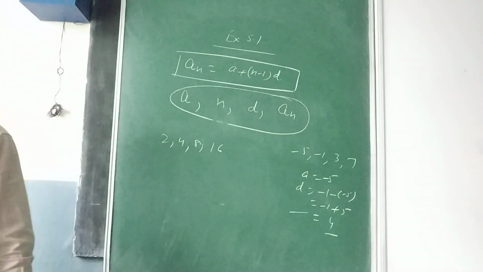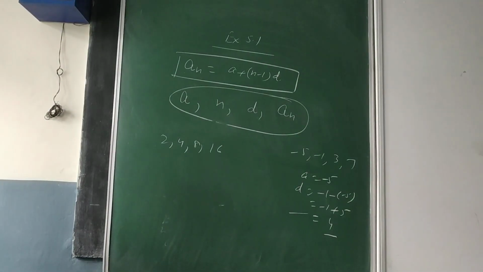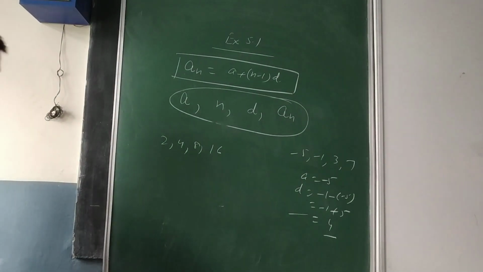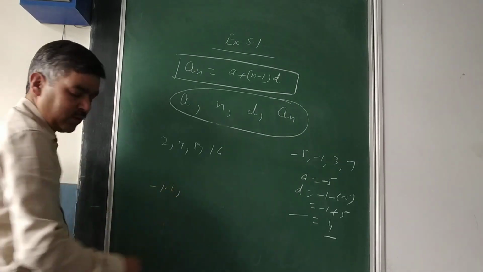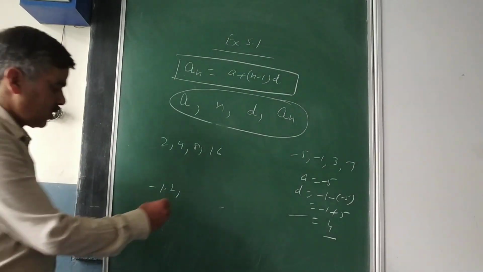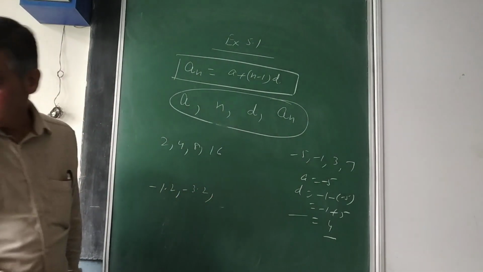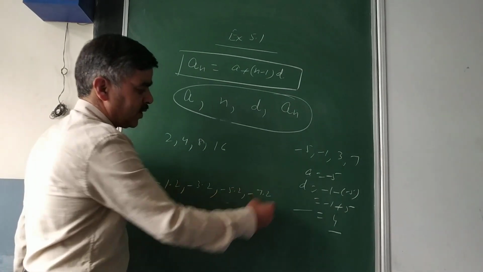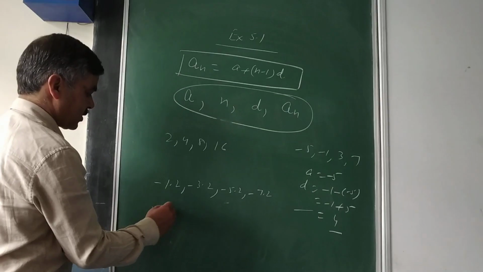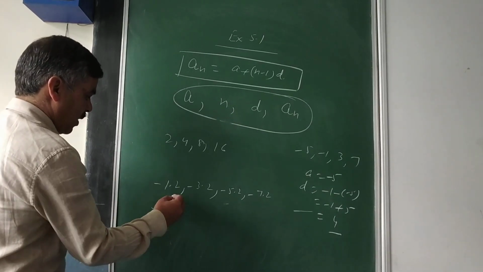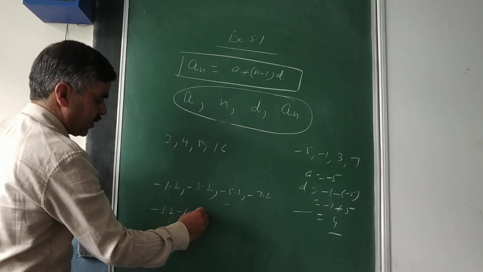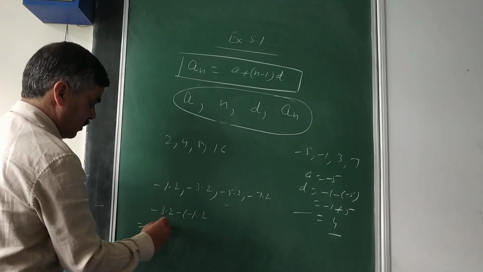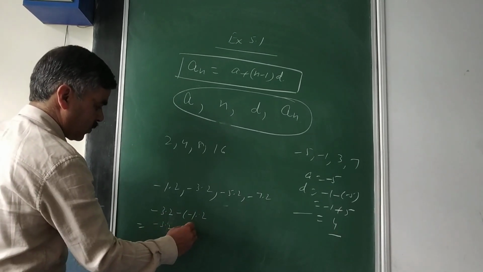Leave it there only. Now suppose you are talking about the third part: it is minus 1.2 first, second is minus 3.2, then third is minus 5.2, it is given as minus 7.2, and so on. So second minus first: minus 3.2 minus 1.2, and check the result: minus 3.2 plus 1.2.